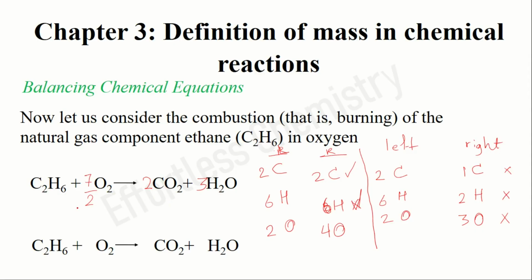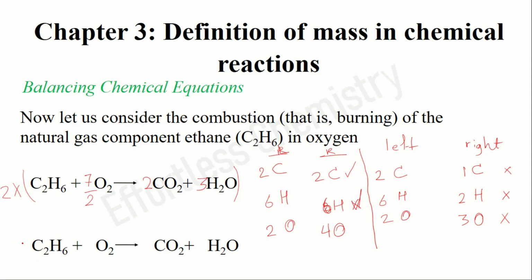But you know that all the numbers in a balanced equation should be whole numbers. So what do I have to do to eliminate this ratio? If I multiply the whole equation by 2, I can eliminate this ratio.